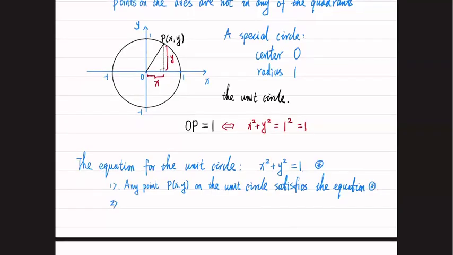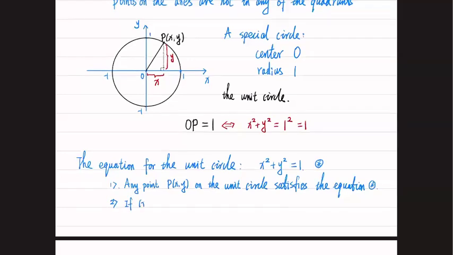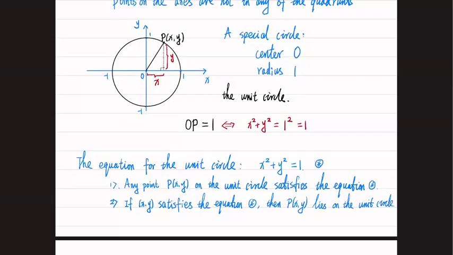Two, if x, y satisfy the equation, then the point is on the circle.